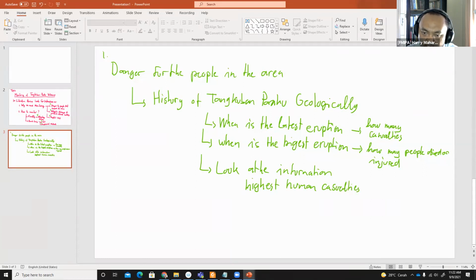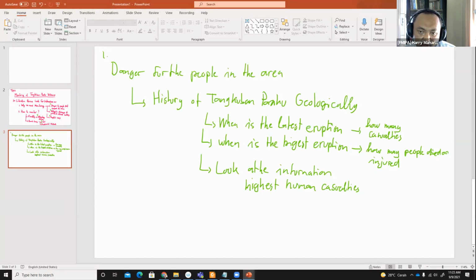Does it correlate linearly with the level of eruptions? It means that, does the biggest eruption of Mount Tangkuban Perahu consequently cause the highest human casualties from the event?